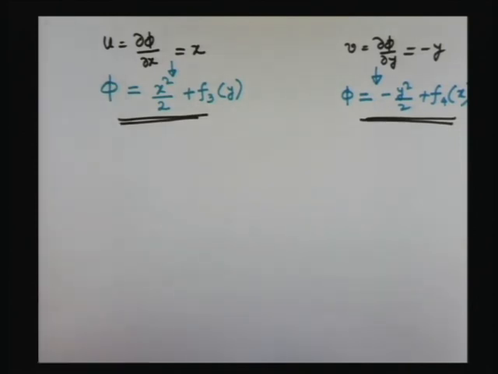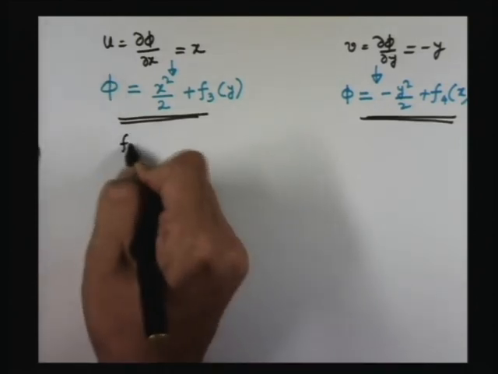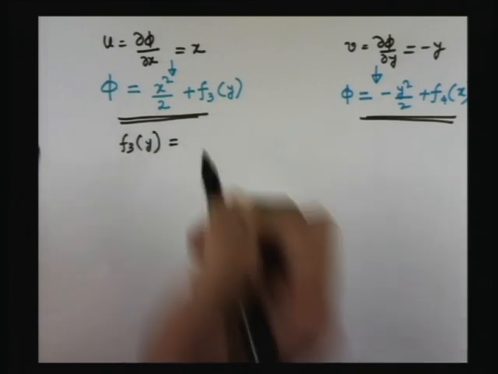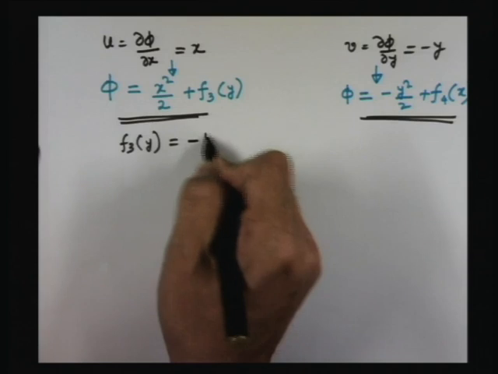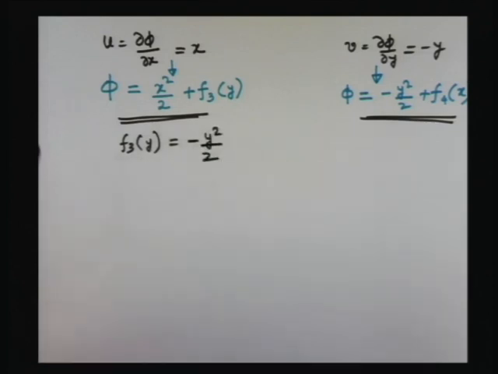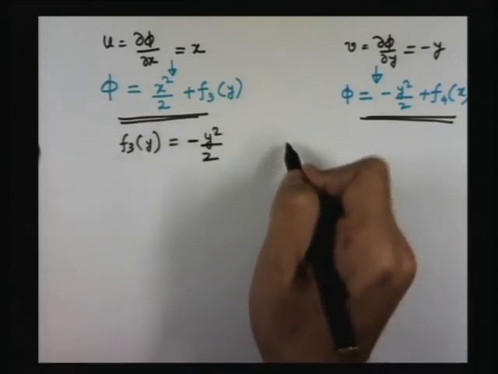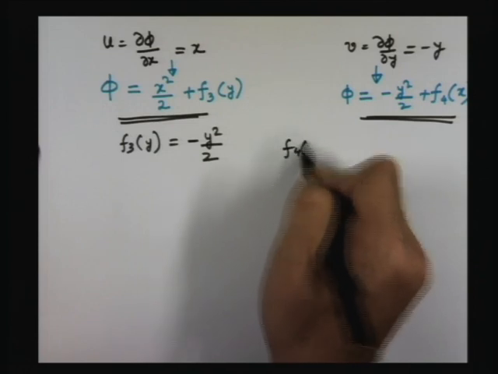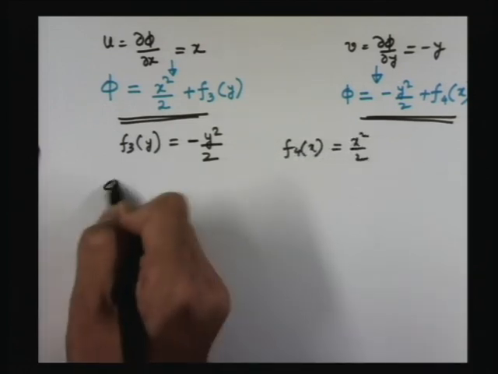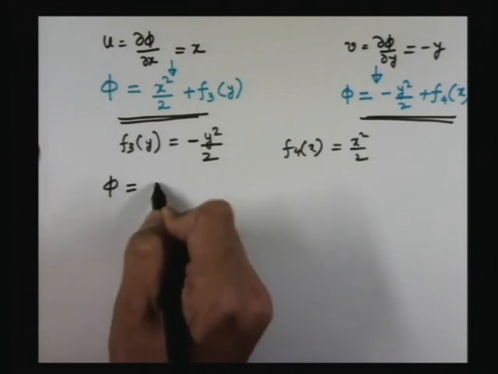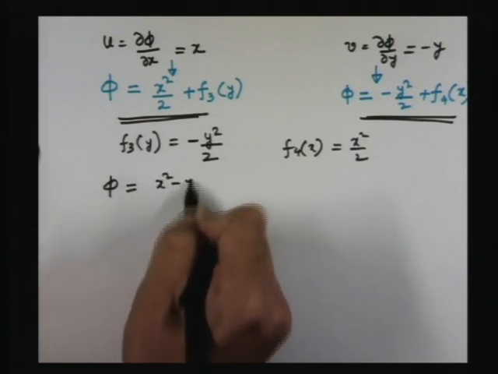If you compare these two, what is f3y? f3y is minus y square by 2. And what is f4x? x square by 2. So you can write phi is equal to x square minus y square by 2.